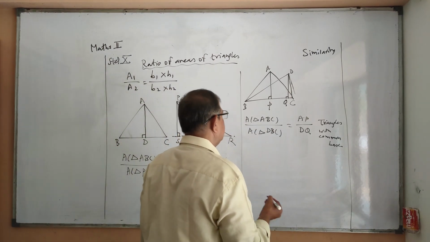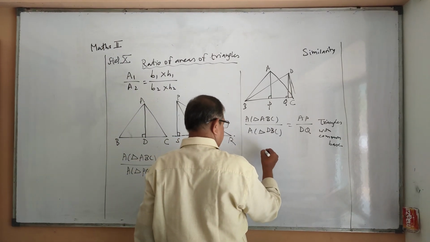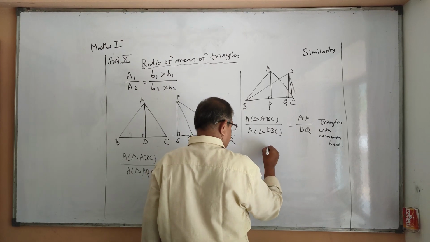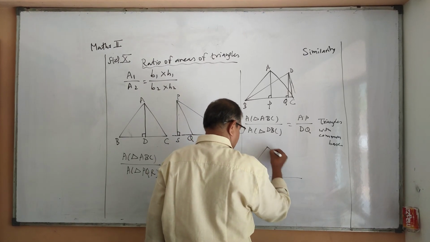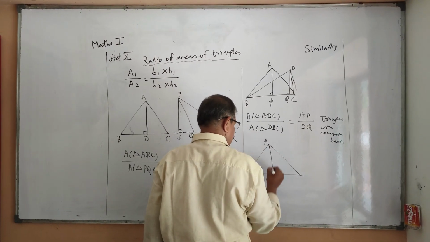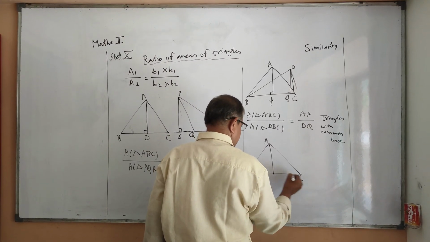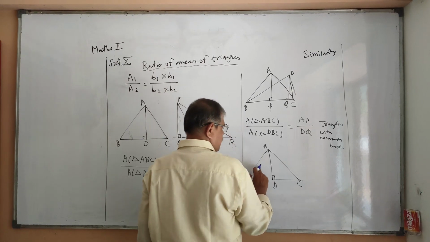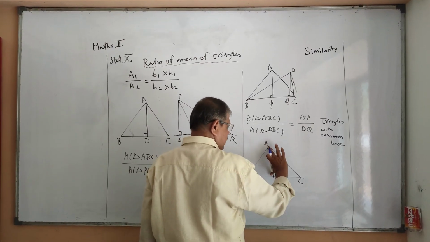And another one is if they have equal heights. For example, these two triangles, ABC. Now if you observe, here I get two triangles whose height is the same.